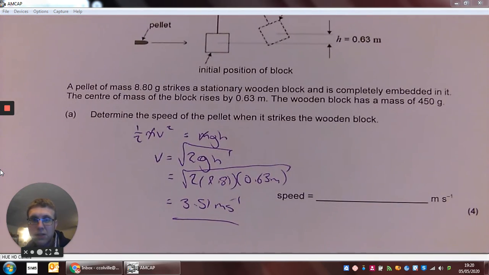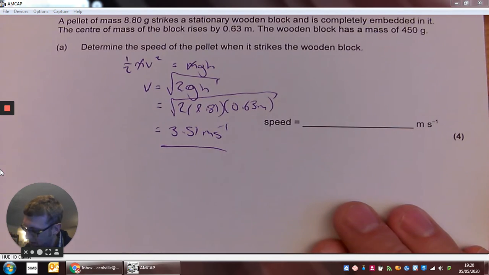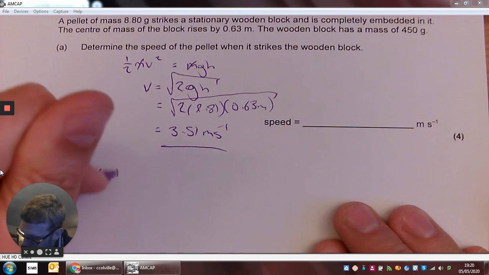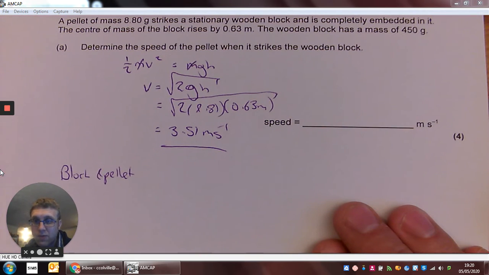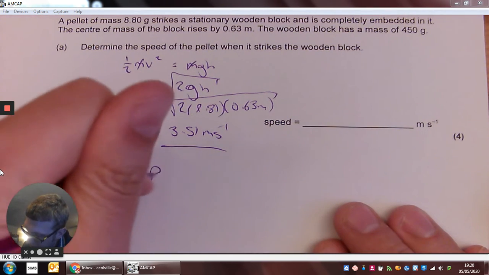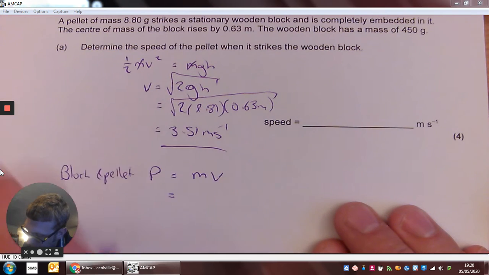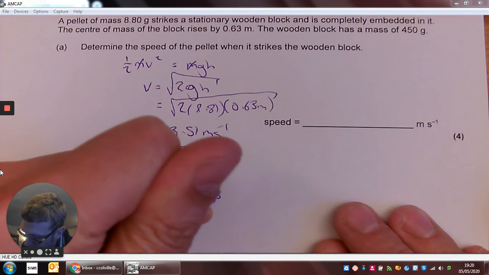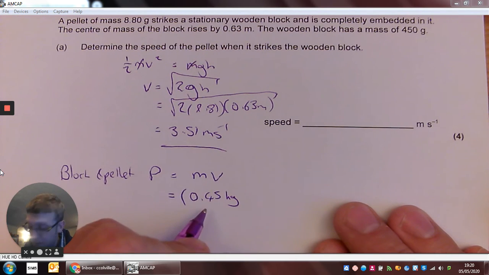So let's do our next bit and work out the momentum of the block and the pellet when they've just collided. So my momentum will be my mass times by the velocity. The mass is going to be, well, 0.45 kilograms for my block.